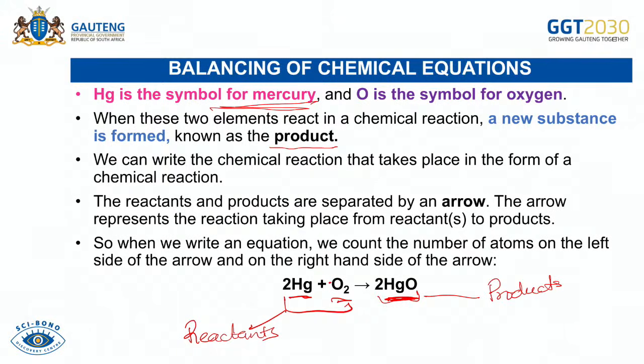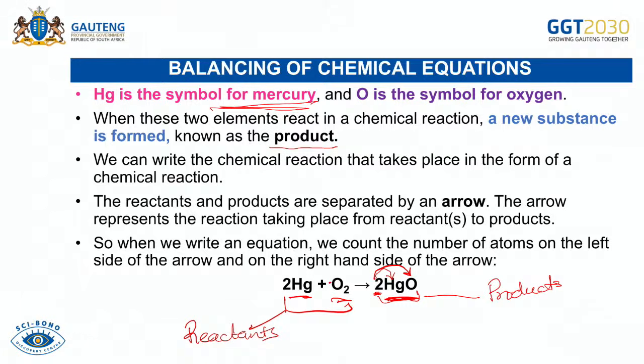Therefore, it is important to balance the number of atoms on the product side. So this number is multiplied into whatever element is in there. So 2 times the mercury means that there are 2 atoms of mercury, and also 2 times that of oxygen, so we've got 2 atoms of oxygen even on the product side. That gives us a well-balanced chemical equation.